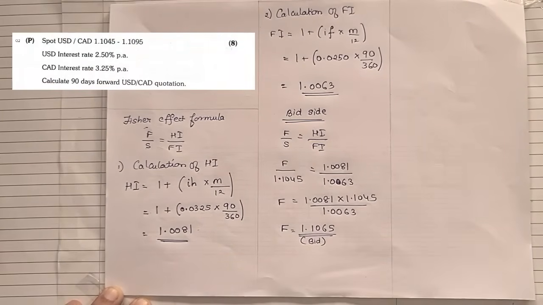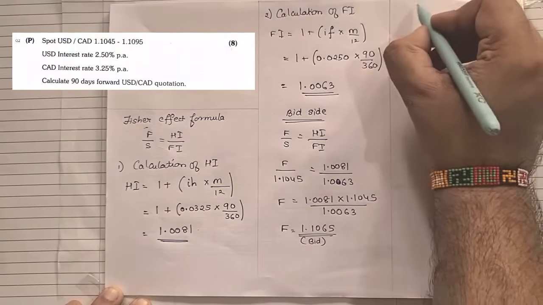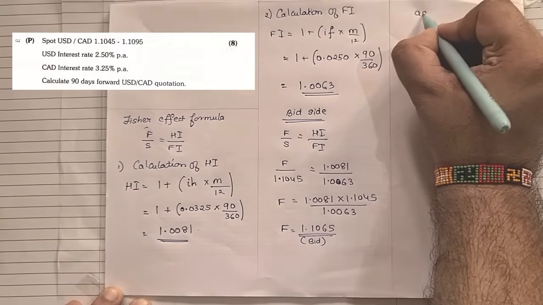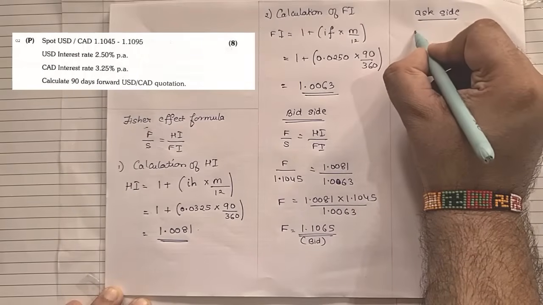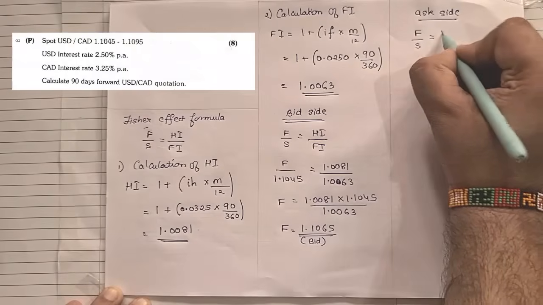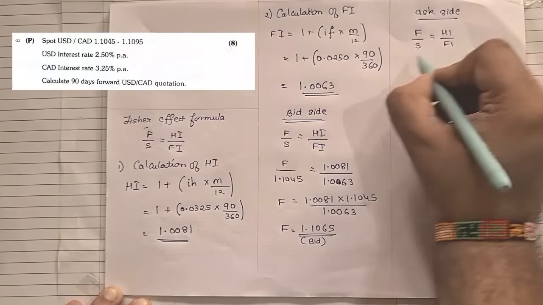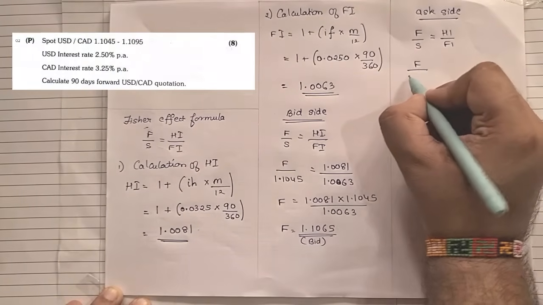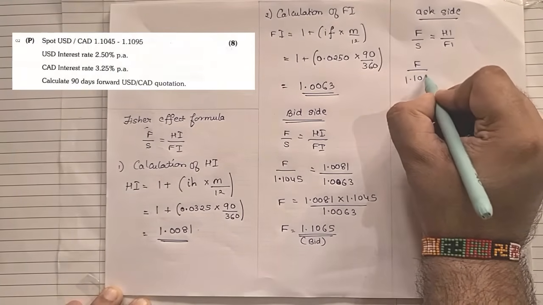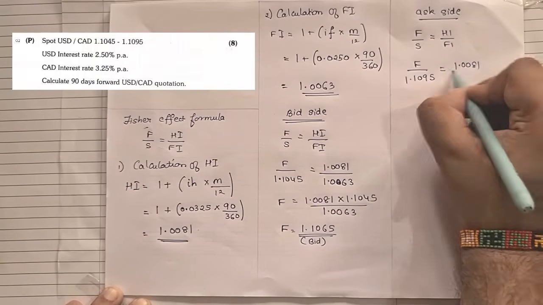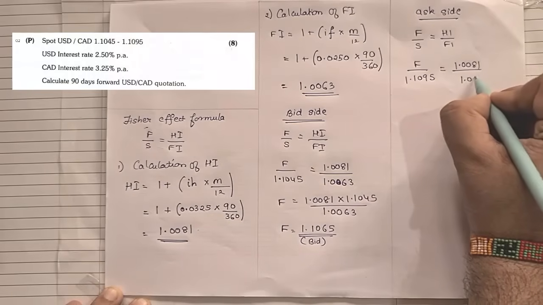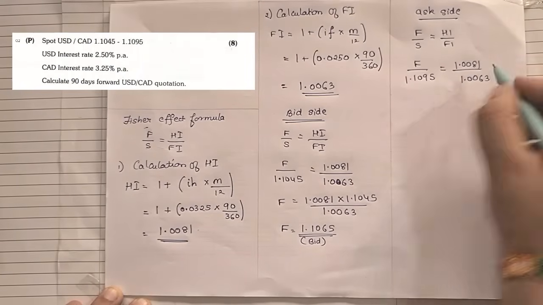So now we need to even find the forward ask rate. So now I'll write here the ask side. The formula remains the same. F upon S is equal to HI upon FI. Forward we need to find, the spot rate is 1.1095 given in the question. HI we have already found, and FI also we have already found. We will cross multiply.